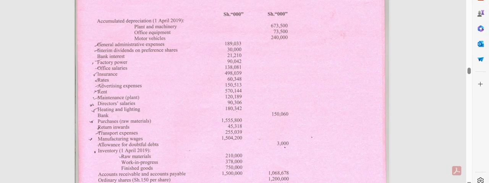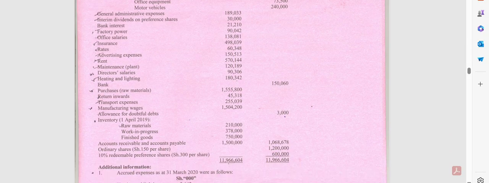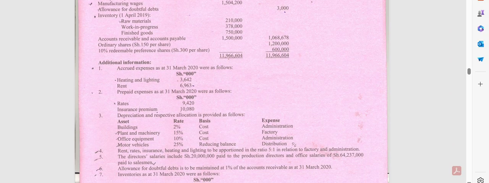Then next is office salary. That one is in the income statement. You are told to apportion, remember. So we have to go back. We are told to apportion. Let's go to additional information here. We are told to apportion these 5/6, 5 to factory, 1 admin.